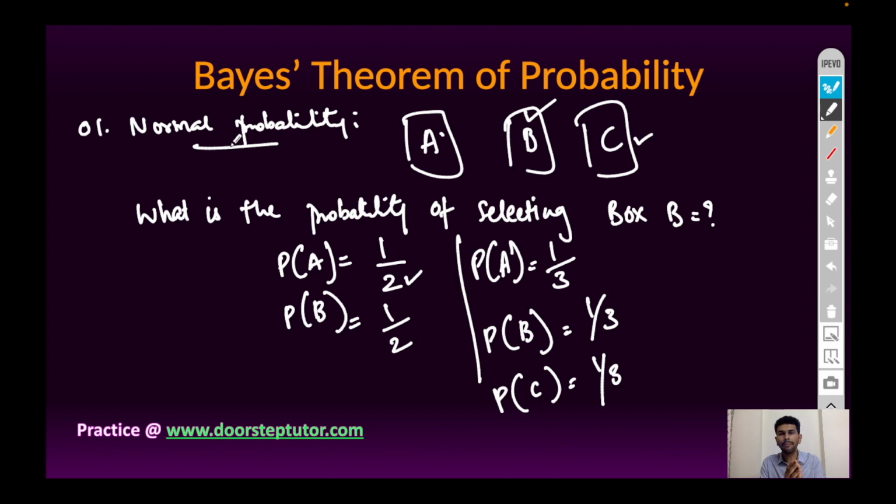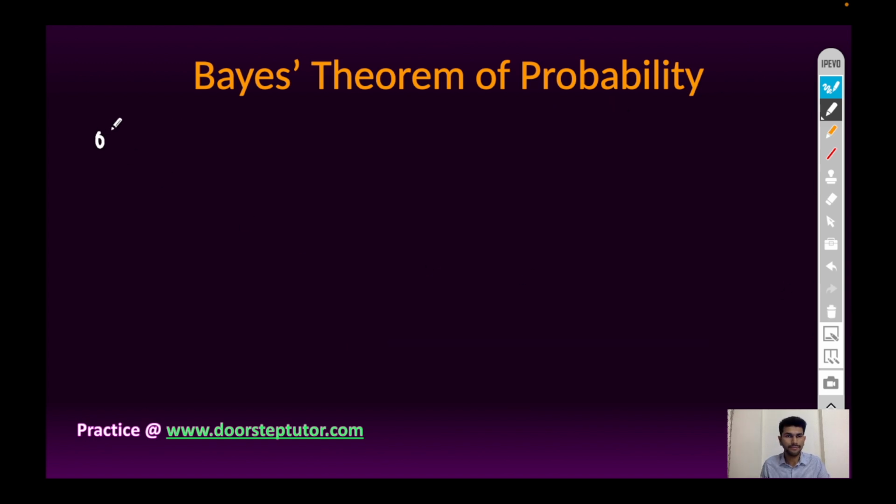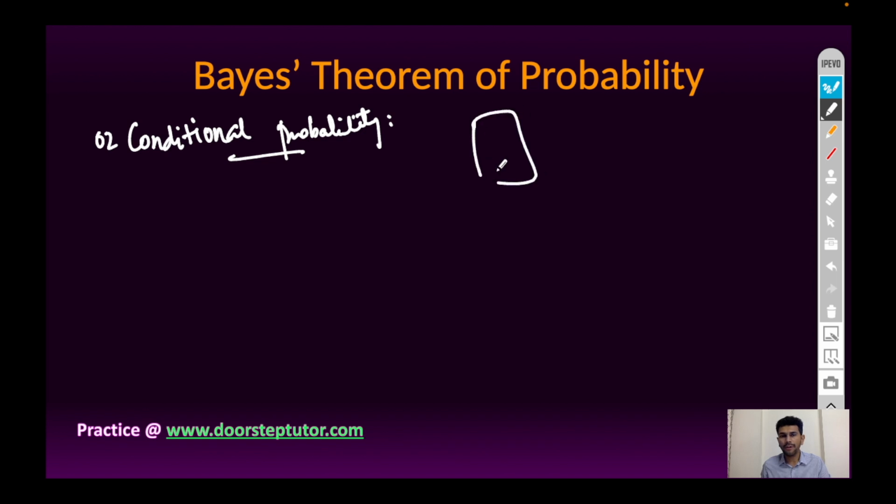We are given simple information and we have to find out the probability of each case. Now, second thing, conditional probability. If we are given two boxes, box A and box B, box A has 3 red balls and 2 blue balls.